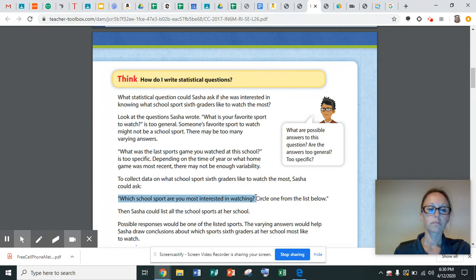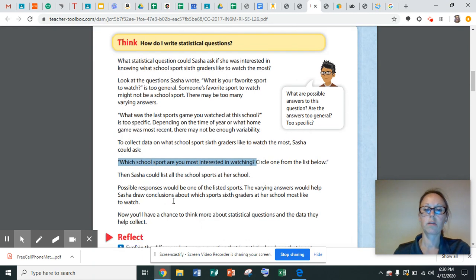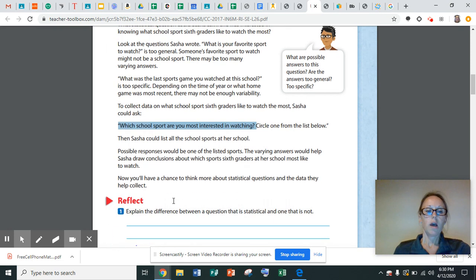This question is going to give her the variability of answers that she wants for a statistical question. The varying answers would help Sasha draw conclusions about which sports sixth graders at her school most like to watch. Okay.